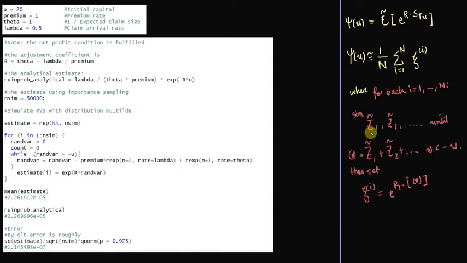So how do we simulate each of these z tilde? Let's mark each of these with an I, so that we know these outcomes also depend on which I we have.